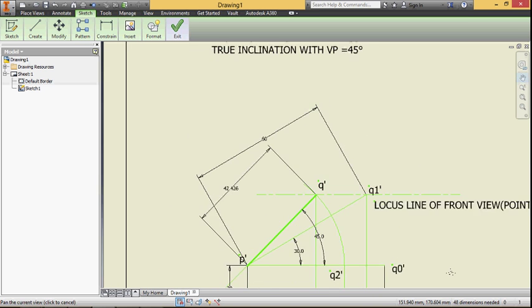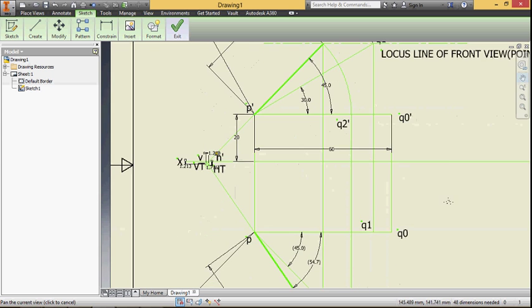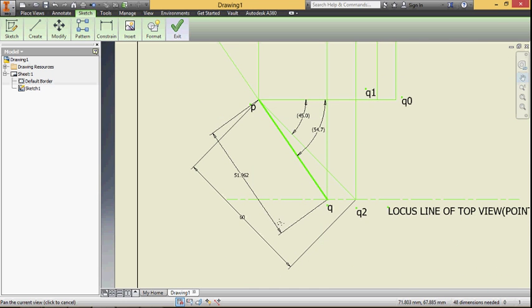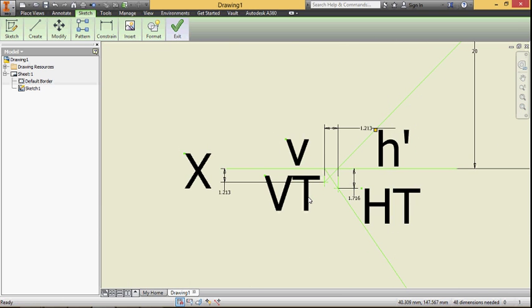The length of the front view is 42.426 millimeter, and the value of alpha is 45 degree. The length of the top view is 51.962 millimeter, and the value of beta is 54.7 degree. Consider the horizontal trace and vertical trace.